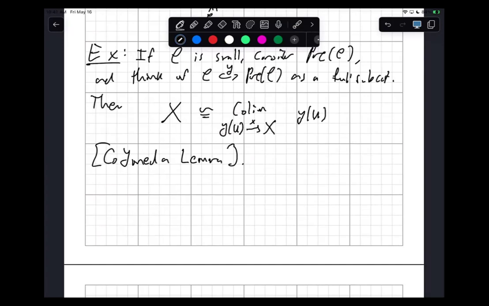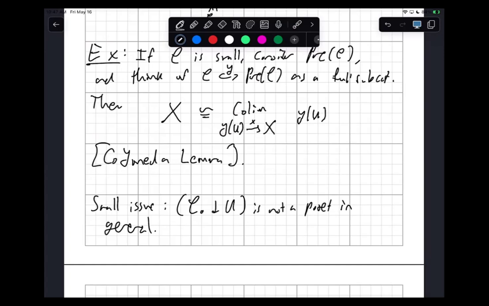So, small issue. This category is not a poset in general, right? So we have some big category.